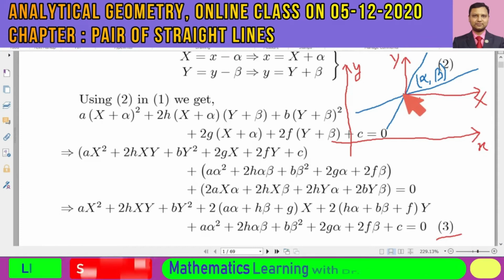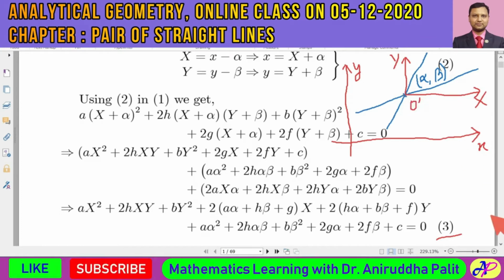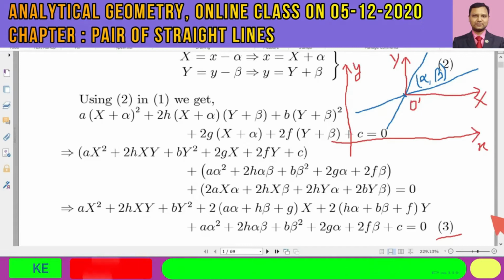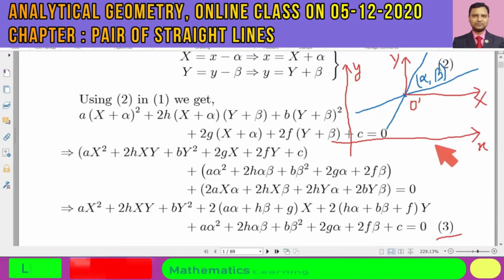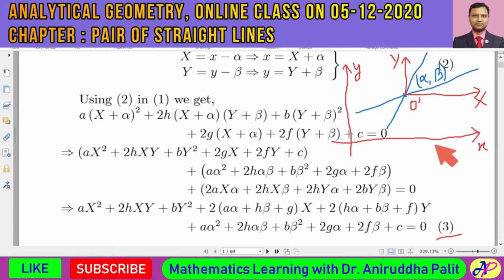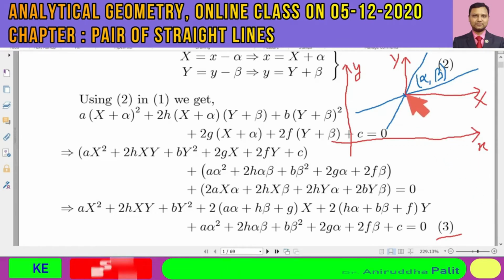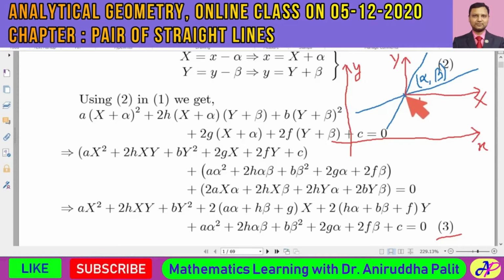Therefore, with respect to the new coordinates, it should be a purely homogeneous equation of second degree in terms of capital X and capital Y, because we know that a purely homogeneous equation of second degree always represents a pair of straight lines passing through the origin.